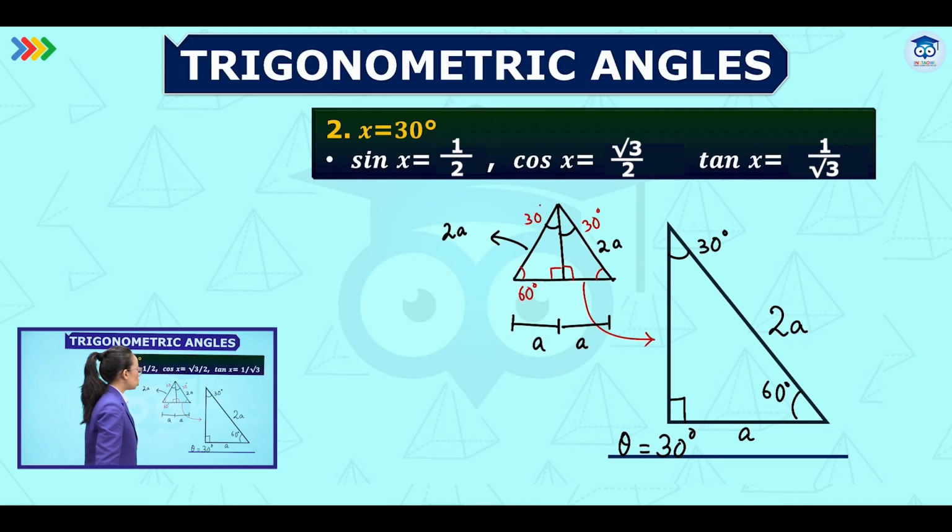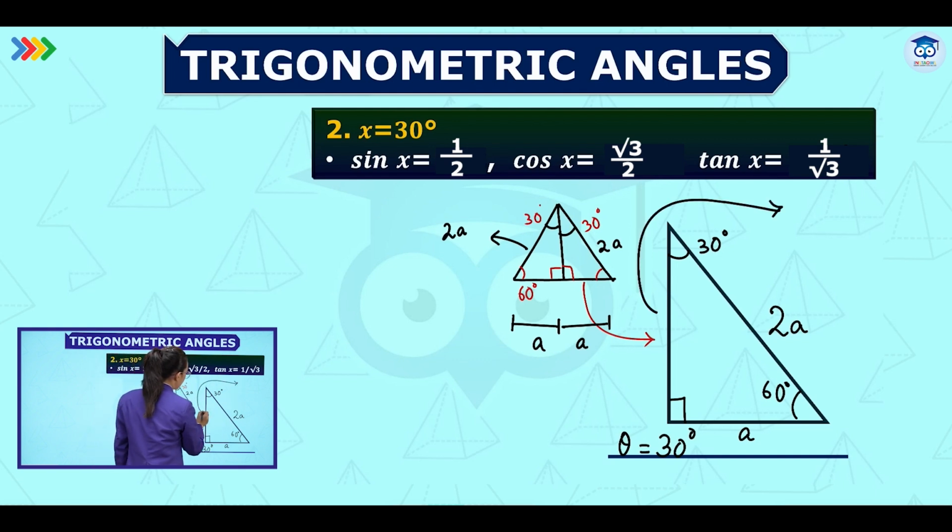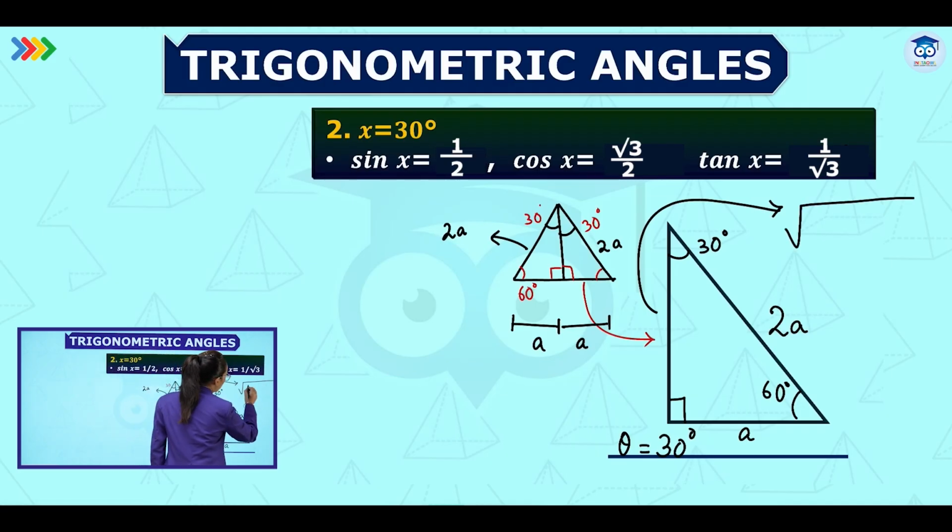So now let's consider this theta as 30 degree. Now we need this side also. This side can be calculated using the Pythagoras theorem. Pythagoras theorem says that hypotenuse square is equal to the sum of the square of the remaining two sides. So this can be calculated as square root of hypotenuse square minus the other side square.